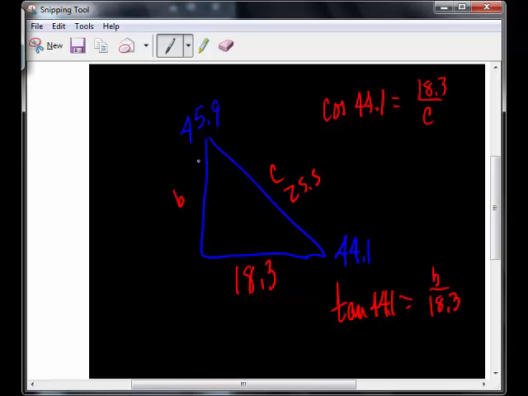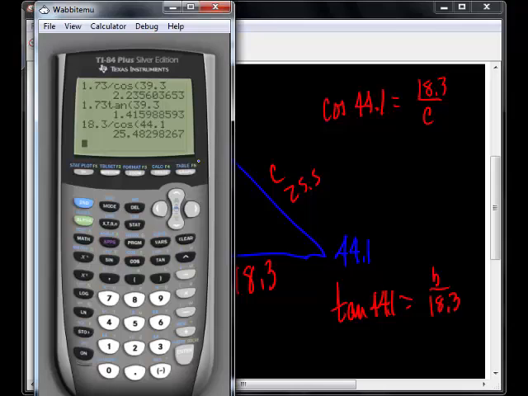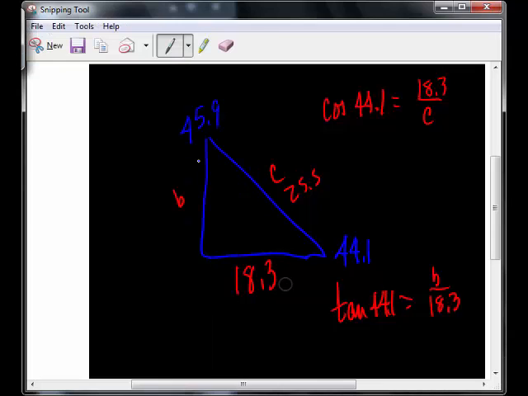For the other one, we would multiply both sides by 18.3 times tangent 44.1, and we get 17.7. Multiply both sides by 18.3, and then up here C is 18.3 over cosine 44.1.